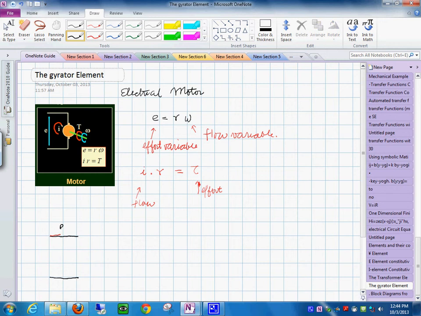This would be E1, and on the other hand, here we have I. And then on this one here, we have that the effort relates to the angular velocity, which is omega in here, and this is the torque on this side.